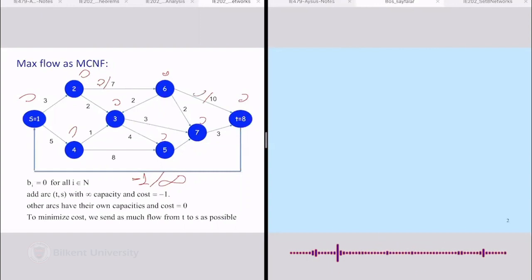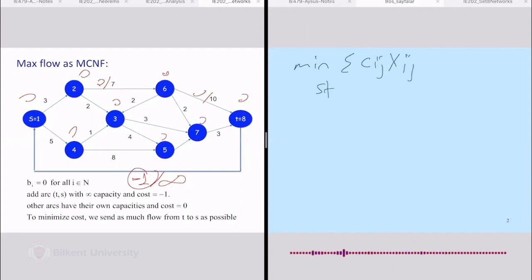Now think about this new network. If I solve MCNFP over this new network, I will minimize the sum of Cij Xij. There is only one -1. Everybody else is 0. So in an optimal solution, the optimization will try to make sure that this -1 is multiplied with the largest x possible, where Xij is the amount I'm sending over the link.